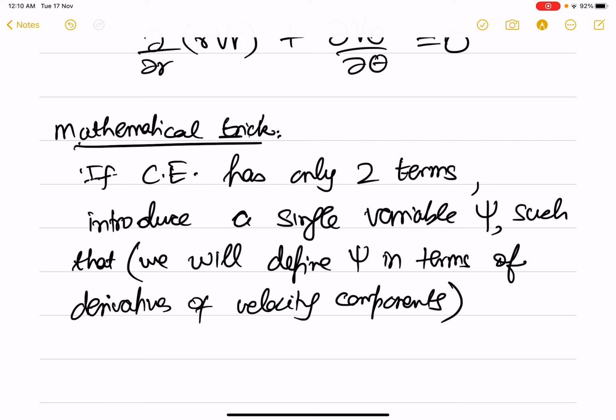We'll define it like this. This variable psi is such that the continuity equation is automatically satisfied.